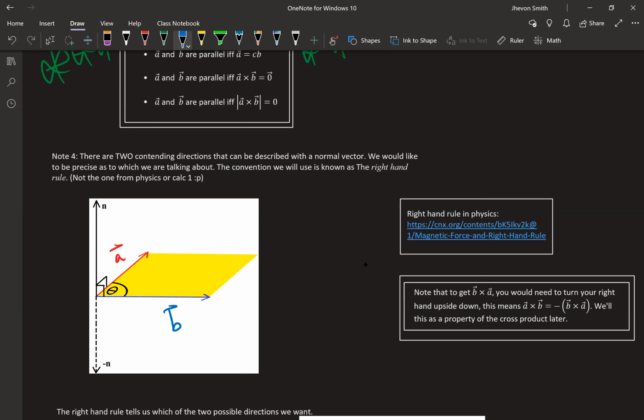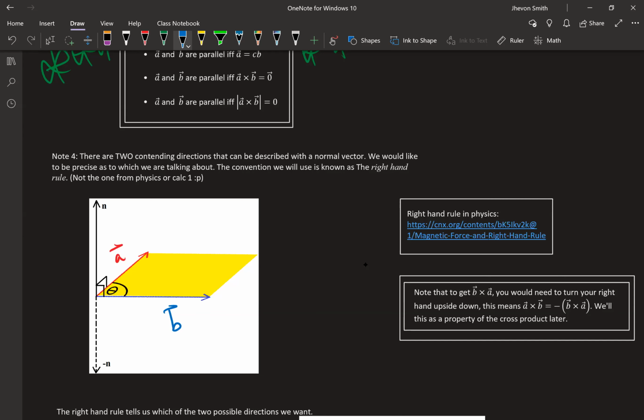Well, it could be pointing in this direction, or it could be pointing down in that direction. So for the sake of convention, we actually pick one. Whenever someone mentions a cross product, there is a specific one of these two possibilities that they have in mind. And we pick one based on the right-hand rule.